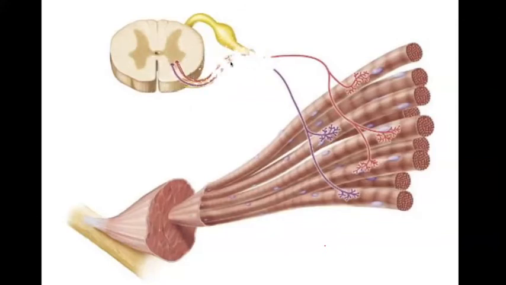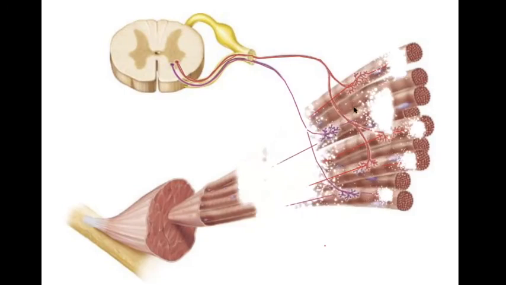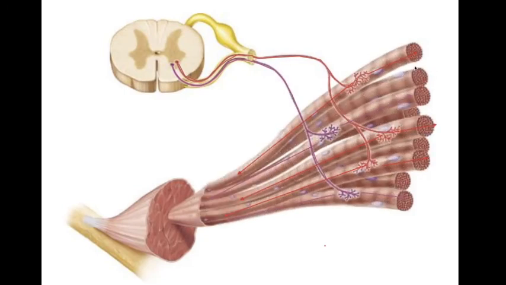And we'll see an electrical signal go down here. And then the electrical signal will be passed on to the muscle fibers, right? Down the entire length of the muscle cell, right? And that electrical signal, as we'll see, is what's going to cause a calcium release.